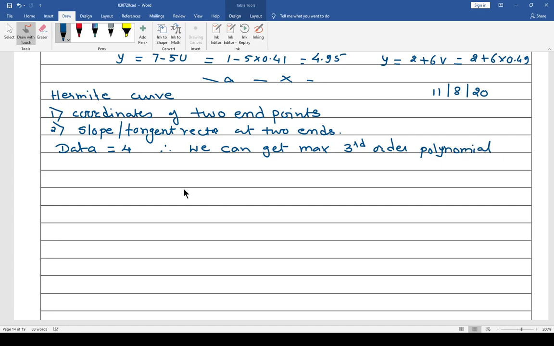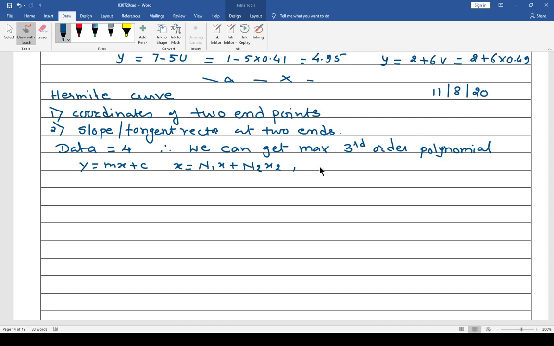Okay, so now this topic is very important. In FEM we have seen y equal to mx plus c, and from that we have also derived x equal to n1 x1 plus n2 x2, and of course n1 and n2 values you are aware of.